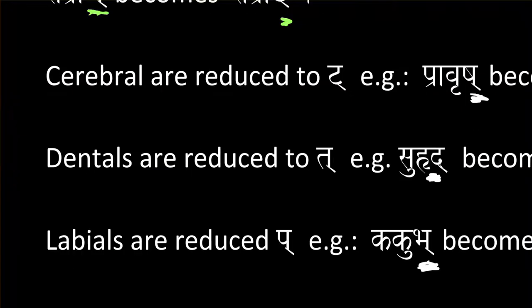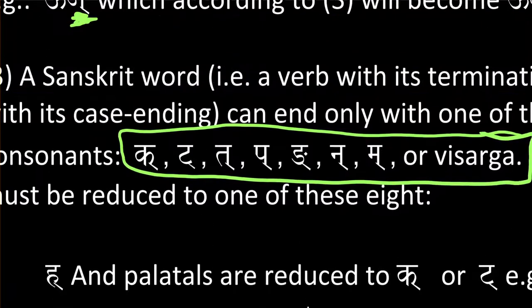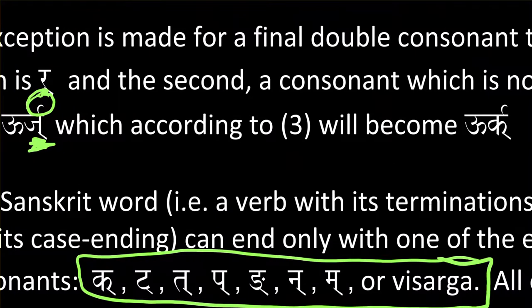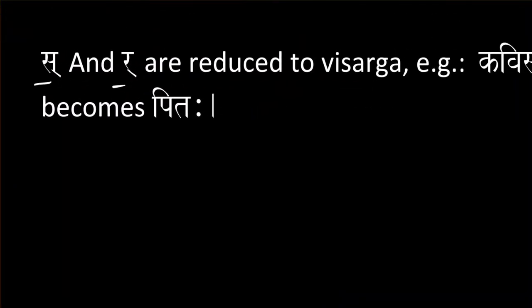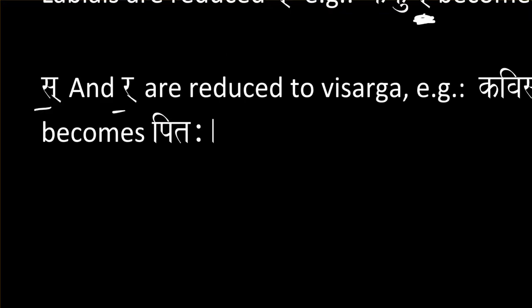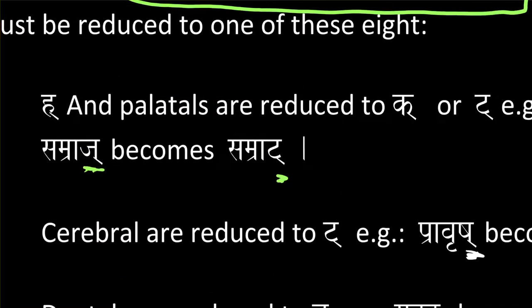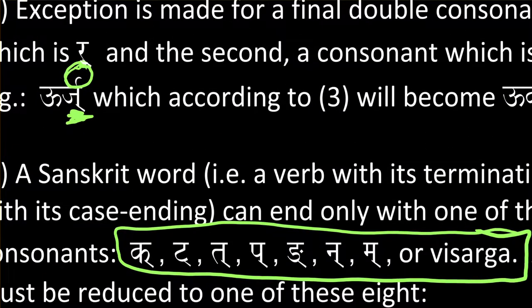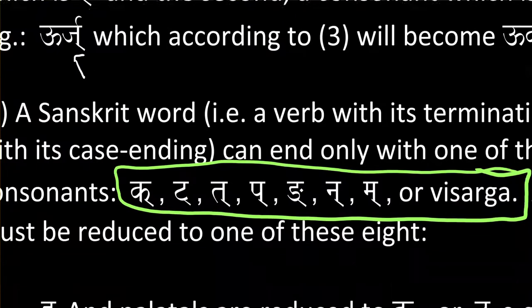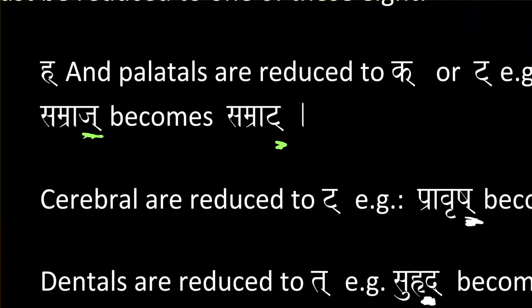But back to this first one, urj: you see that's the first member. In this exception, ra is the first member and the last consonant of that word is the other. Because ja is a palatal, remember the rule is that palatals are going to be reduced to ka or ta.